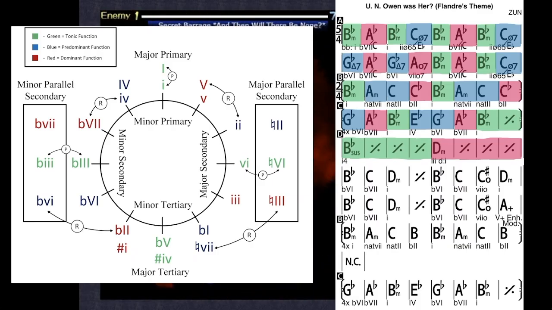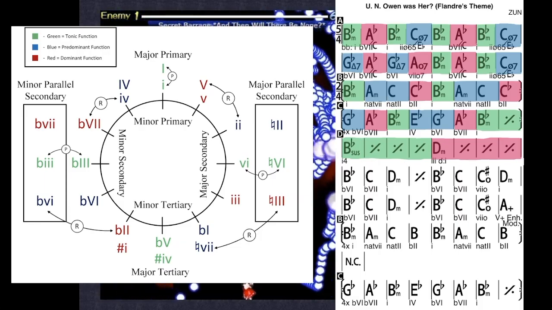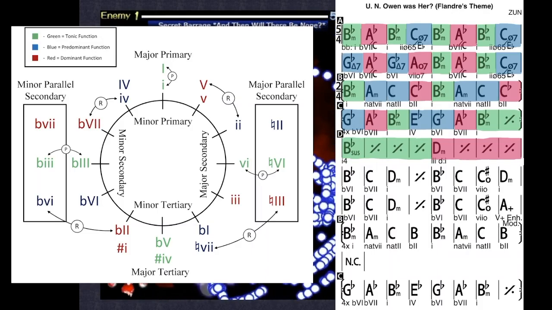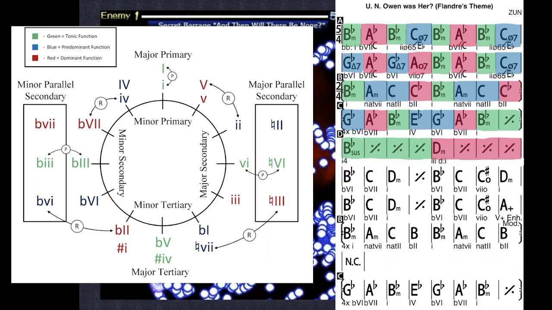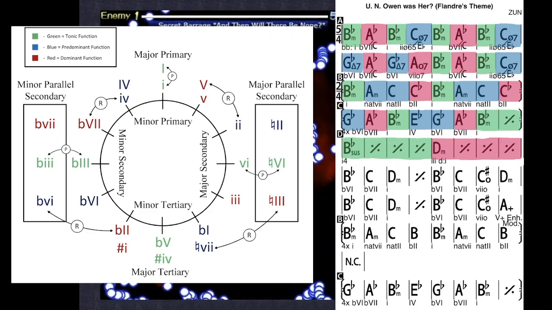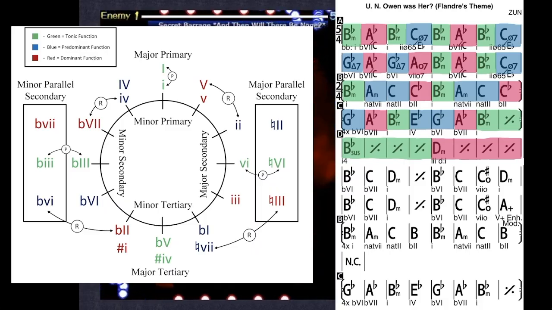He creates a little bit of ambiguity by getting rid of the third of the chord and instead changing it to a 4. That's why it says 1-4. Instead of 1-3, it's 1-4 with a 4 that needs to resolve, right? And he just does this. Right? And that sets you up for a modulation.